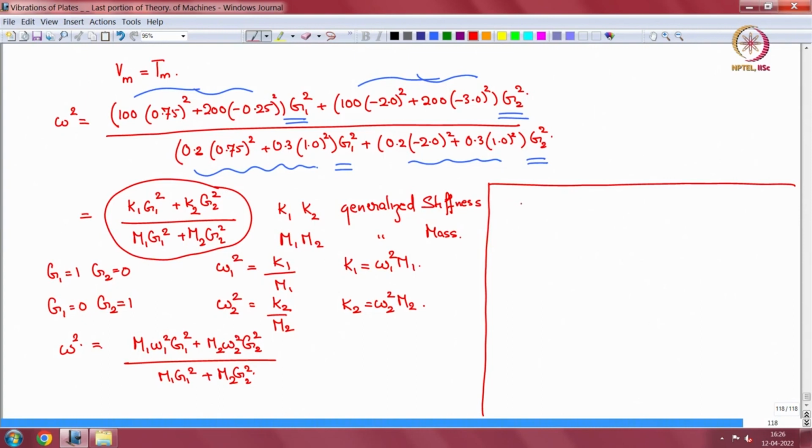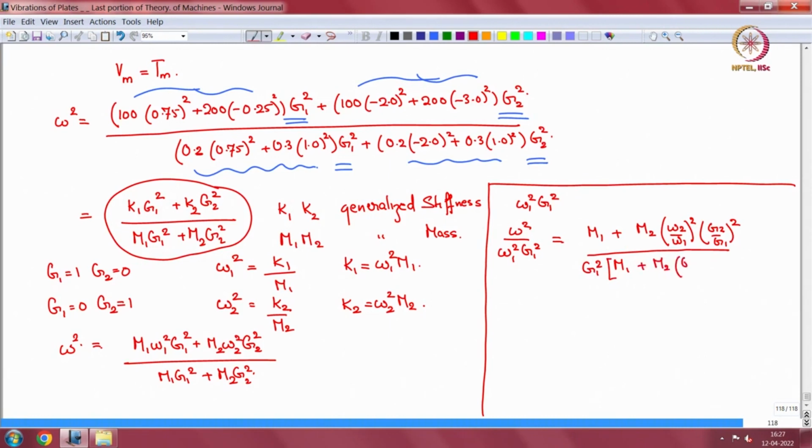Okay. So now if I divide both sides by omega 1 square g1 square, then on the left I get omega square by omega 1 square g1 square, equal to, in the numerator, m1 plus m2 omega 2 by omega 1 squared g2 by g1 squared, divided by m1 plus m2 g2 by g1 squared.